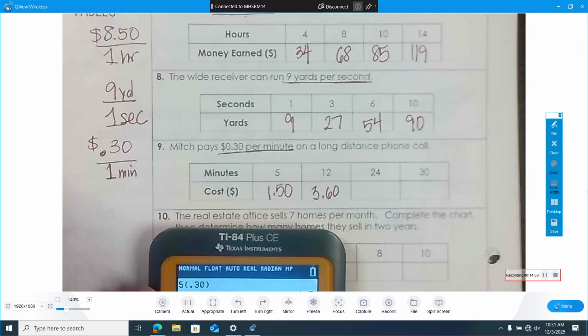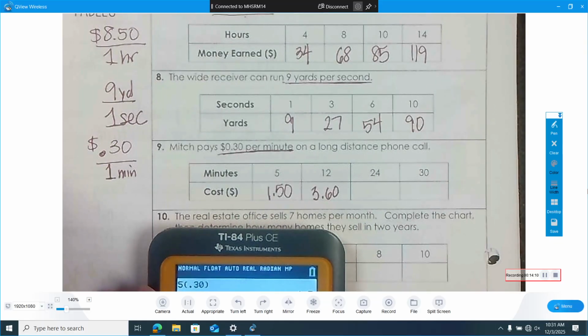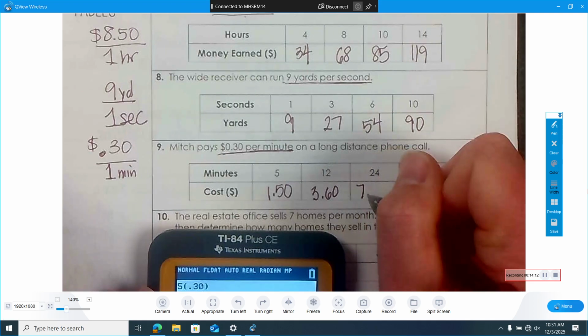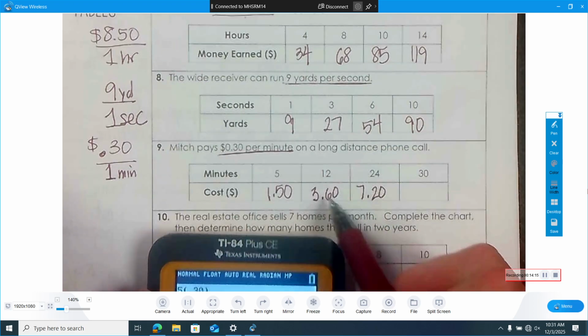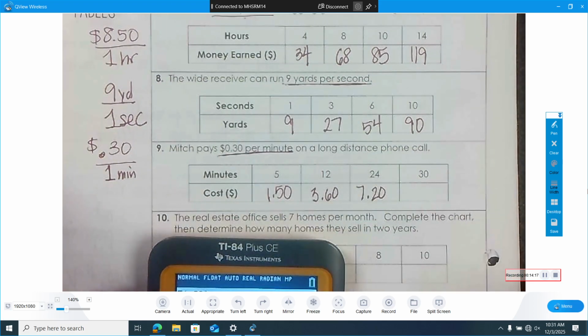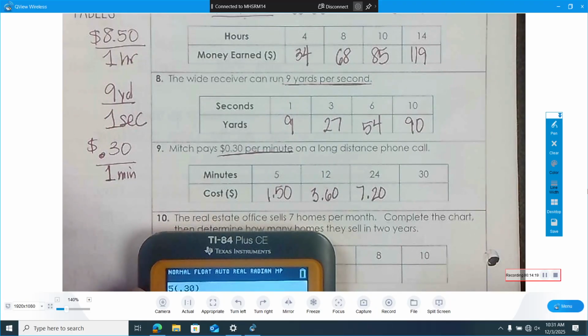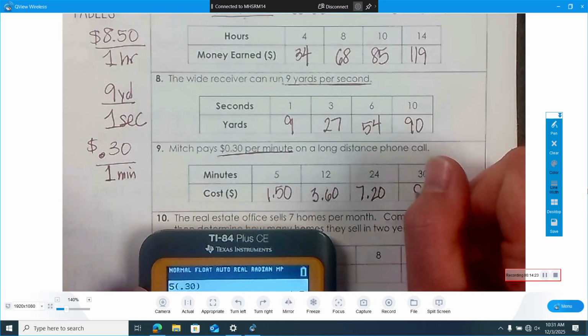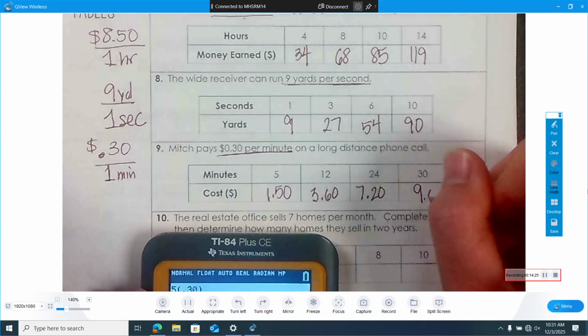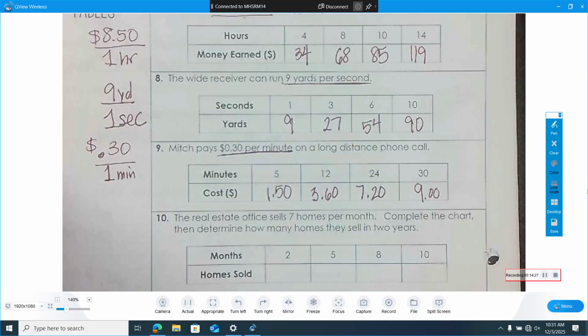Yep. 0.3 times 24. $7.20. Yeah, doubling that 3.60 with 36 and 36 is 72. And then 30. $9. Yes. Great. All right.